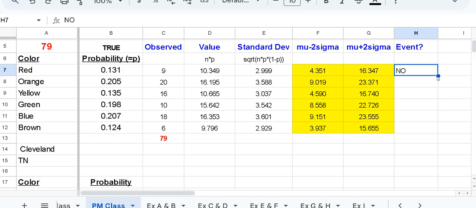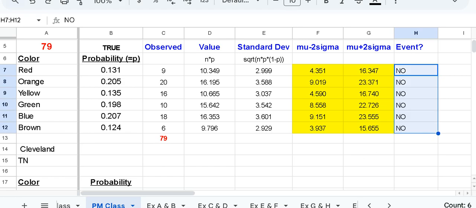Is 20 outside of the range for the orange? No. How about the yellows? We're close, but not quite outside it. What would we have needed? 17 would have worked. The rest are comfortably inside the expected range, so we didn't observe any unusual events.